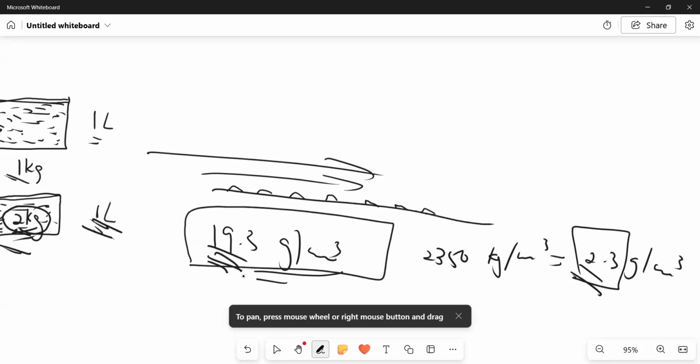The clay is 2.3 and the gold is 19.3, so the denser object is going to sink faster than the lighter object.